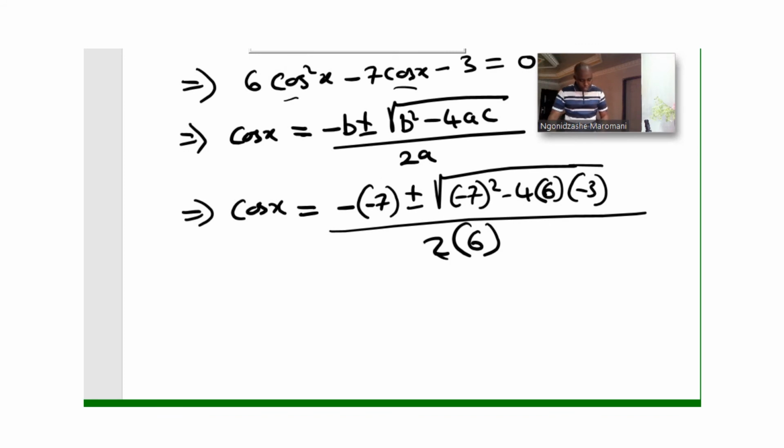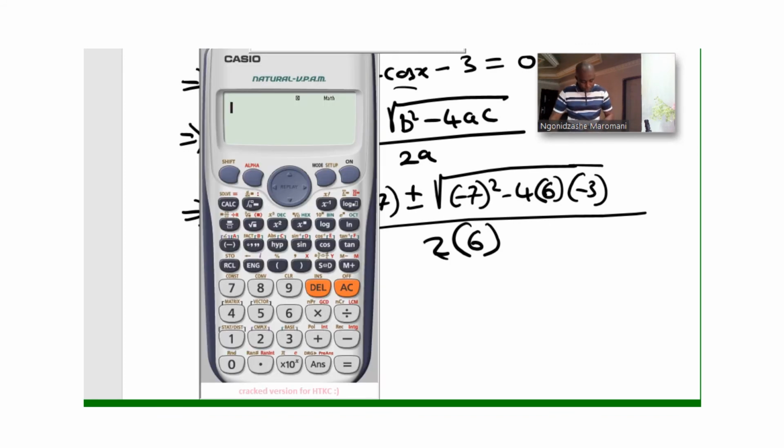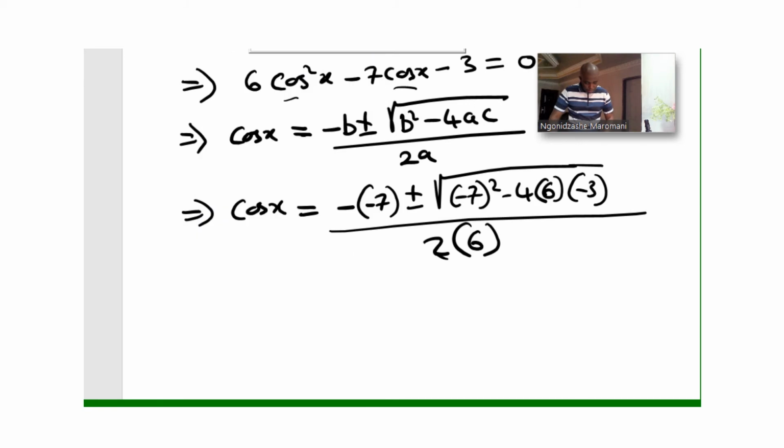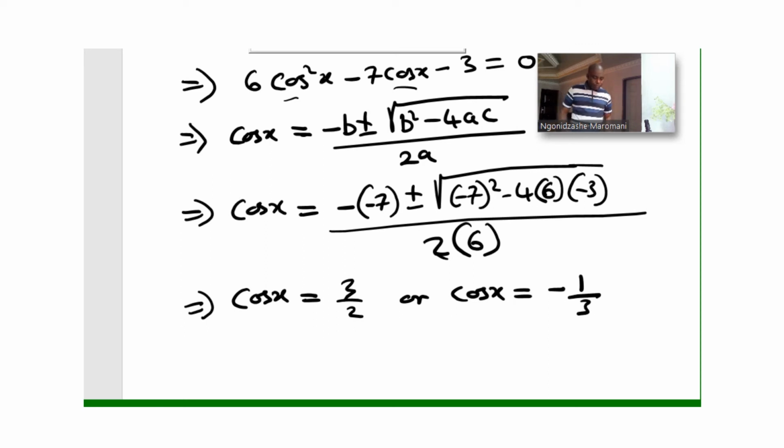Then from there we punch it into the Casio. That is to say, cos x is equal to, you may check for me there, it must give me 3 over 2, or cos x is equal to minus 1 over 3.